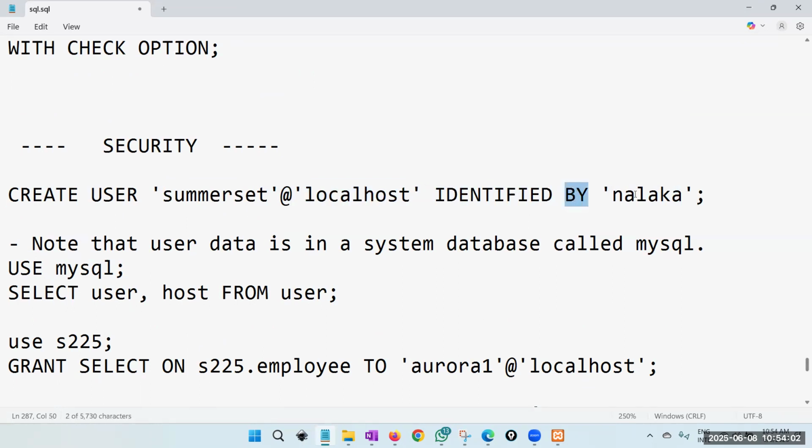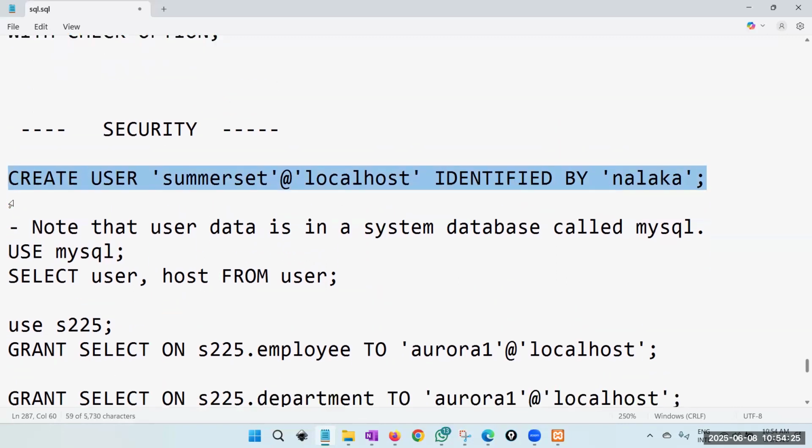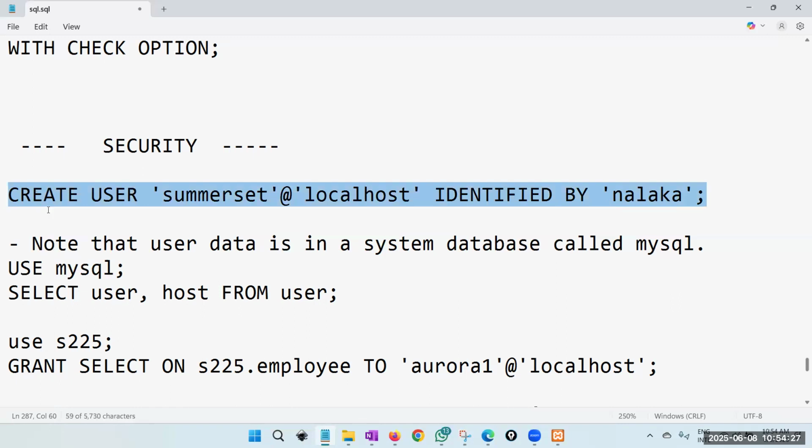Identified by, this is your password. Create user, username, identified by, that is your password, which users can later change. So let's create a user. This user can be given access to multiple databases also, or you need to restrict that.